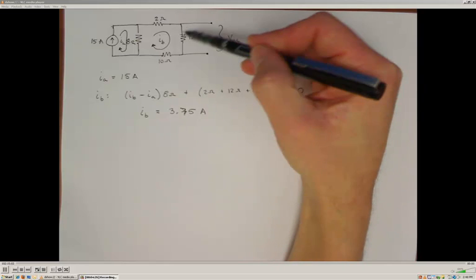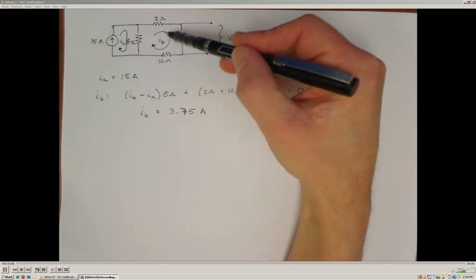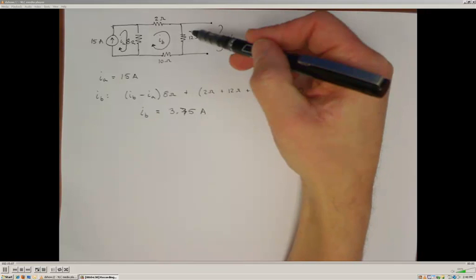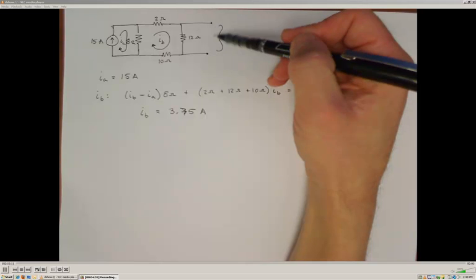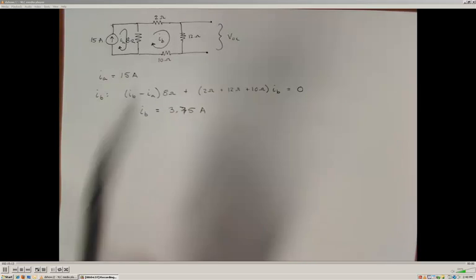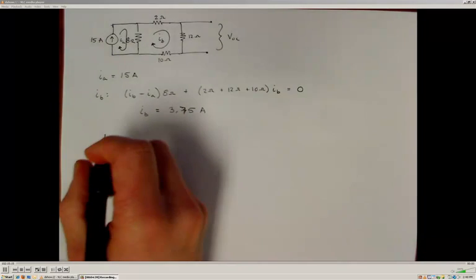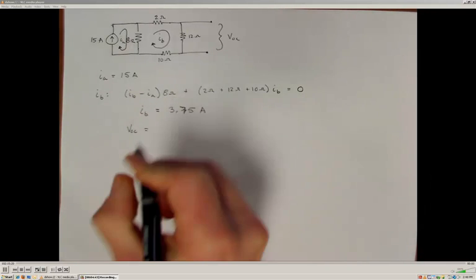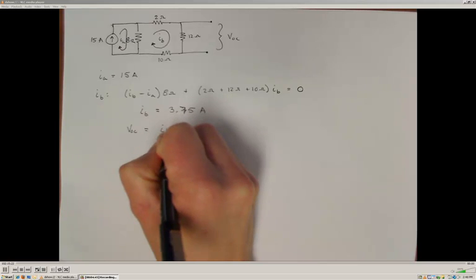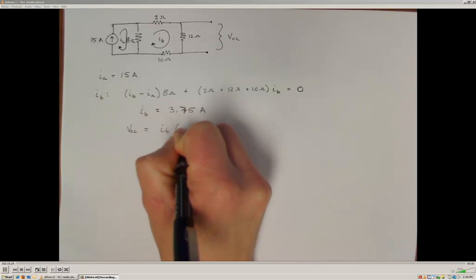I know that my current is 3.75 amps. I'm going to multiply that by my 12 ohm resistance, which is where the open circuit potential is developed, and that's going to give me the open circuit voltage. So my open circuit voltage can be calculated by taking this current, IB, multiplying it by the 12 ohms of resistance.